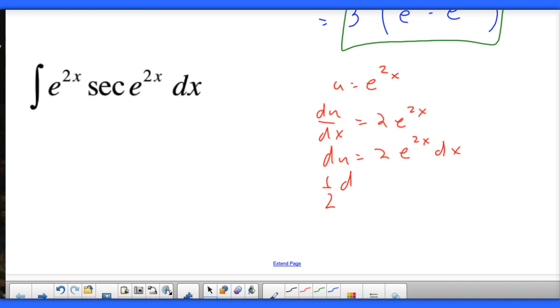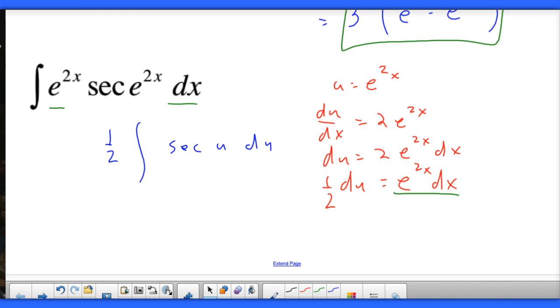Let's multiply by a half. And look what we have here. e to the x is here, e to the x in the problem. Okay, now let's do our substitution. That 1/2 is going to be out front, isn't it? Then we'll wind up with the secant of u du.